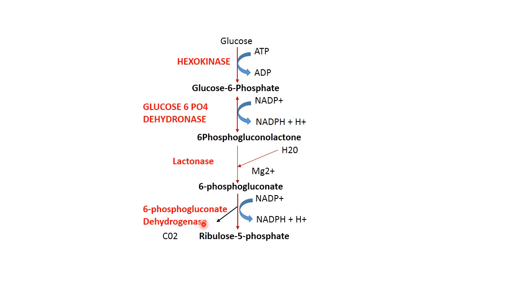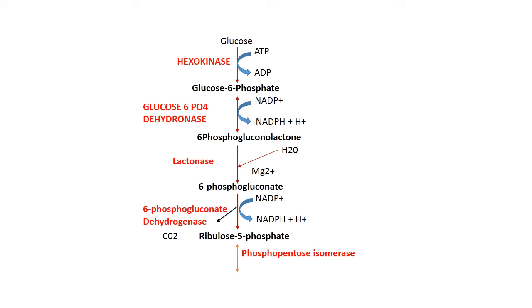So have a look at the reaction. Glucose, which was a hexose aldose sugar, will be converted to the 5-carbon keto sugar, that is ribulose 5-phosphate, and one molecule of carbon dioxide is liberated in this step.